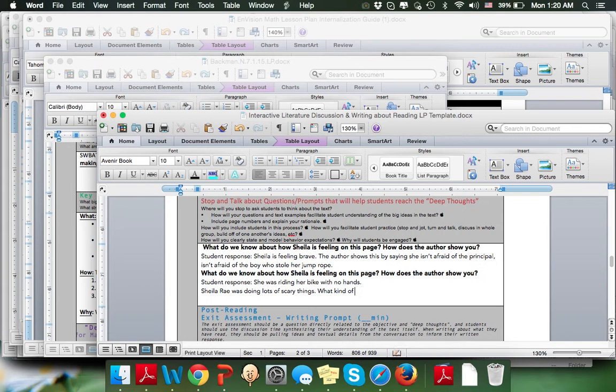What kind of things did she do? Again, this is just getting them to retell, so they're going to tell me she stepped on the cracks. This is all in the book. She rode her bike with no hands, etc.